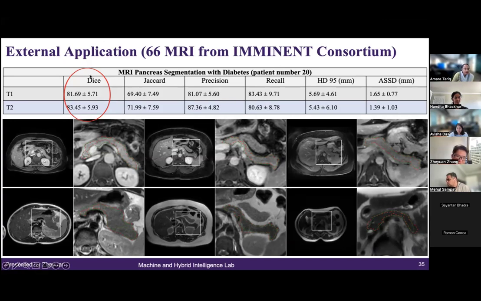This is a validation study. They provide us 20 cases with annotations from their diabetic patients. We directly conduct an evaluation without any fine-tuning or retraining, and we can observe a dice coefficient of about 81 and 83 for T1 and T2 respectively. Then we apply this to some T1 and T2 pancreas diabetic cases.